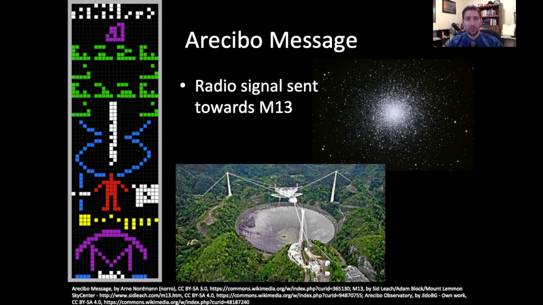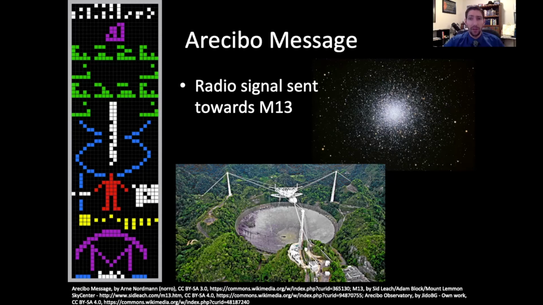First are the numbers 1 through 10, then the atomic numbers of the elements that make up DNA, hydrogen, carbon, nitrogen, oxygen, and phosphorus, then the formulas for the chemical compounds that make up the nucleotides of DNA, then the estimated number of nucleotides in the human genome, and a graphic of the double helix structure of DNA.